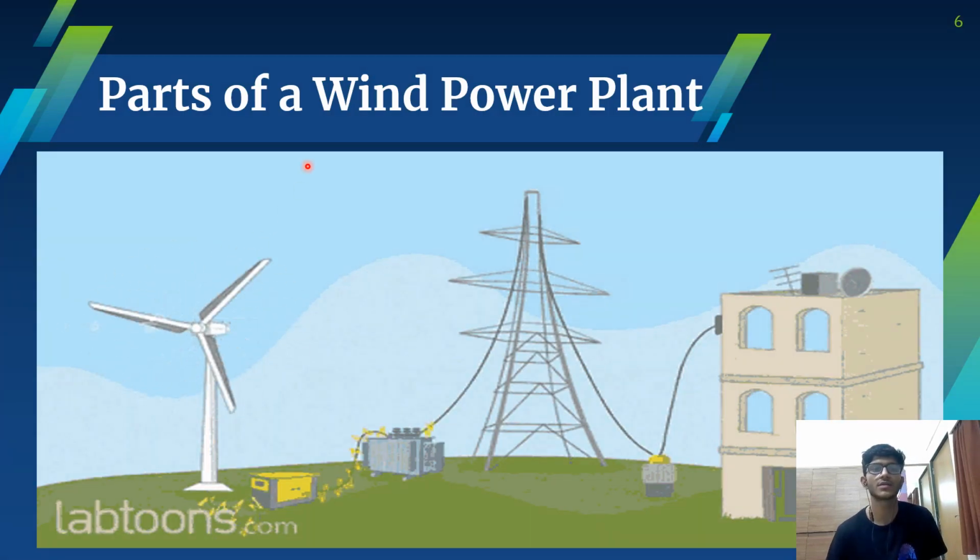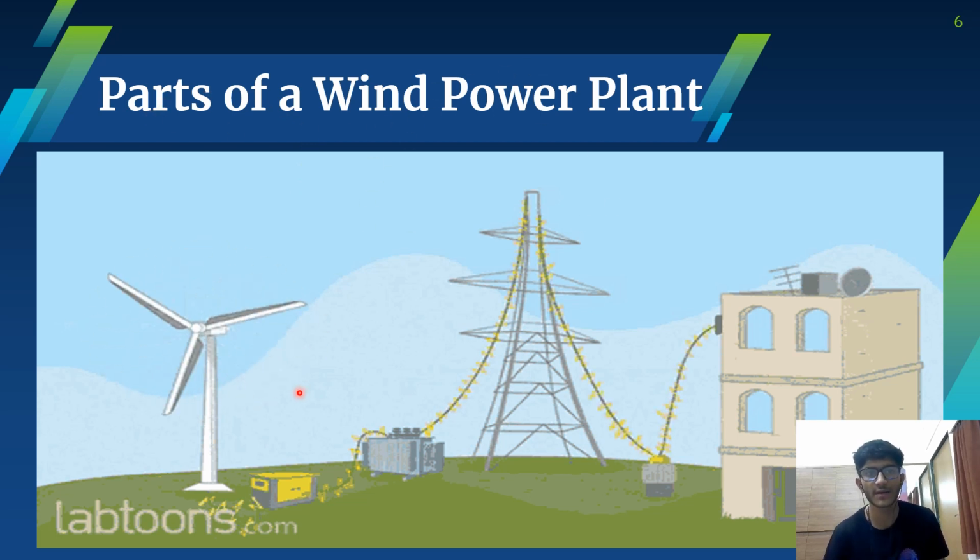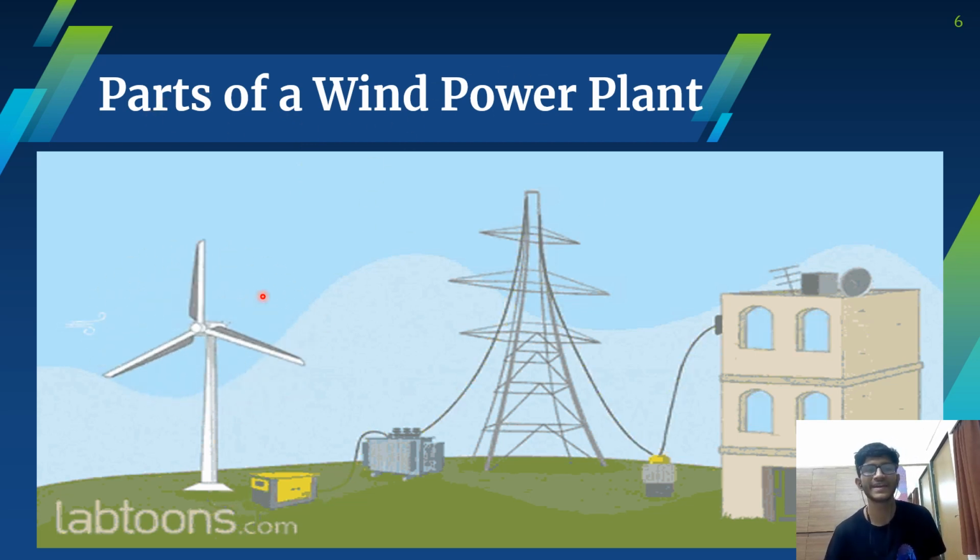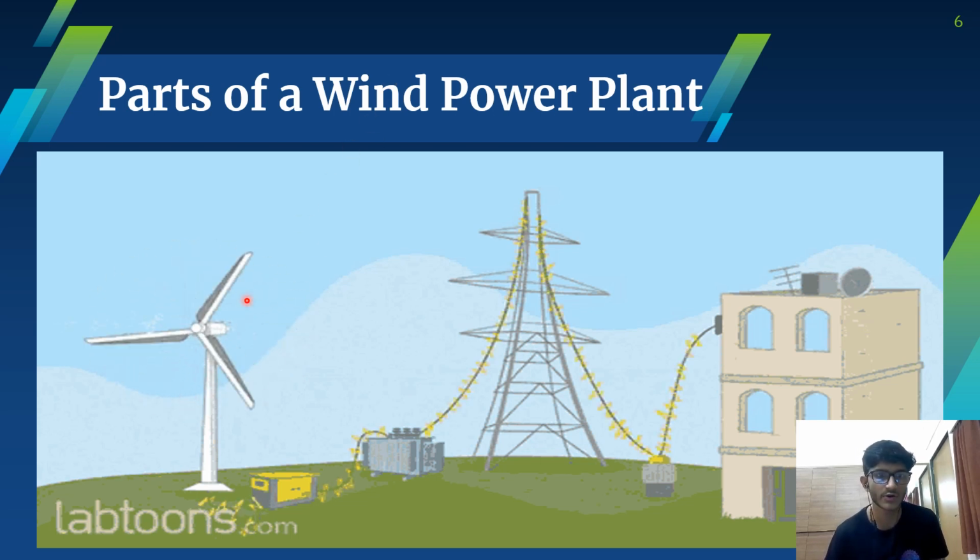Now we'll look into the parts of a wind power plant. The major components of a wind power plant are these rotating blades, which are known as wind turbines, and the towers on which the wind turbines stand.